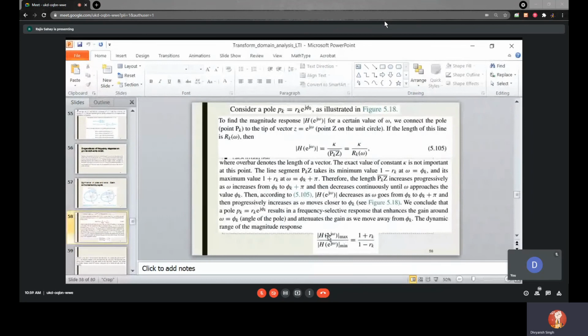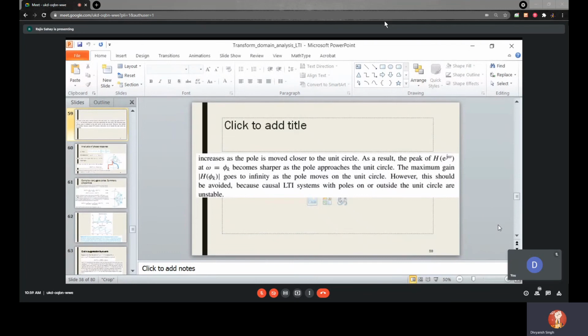The maximum value of H(e^j omega) is 1 plus rk and the minimum value is 1 minus rk. So this is the behavior of the magnitude response when you introduce a pole at a certain angle phi k. Similarly, you can also understand the behavior of the angle. So this is the conclusion.